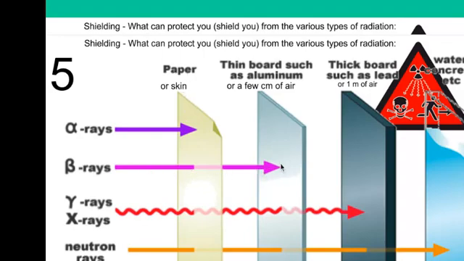So for the shielding section for beta radiation, put a thin board such as aluminum, or a few centimeters of air. So it can penetrate through your skin, however, is not as dangerous as alpha particles. But you do need a little protection from it. You gotta suit up, right?